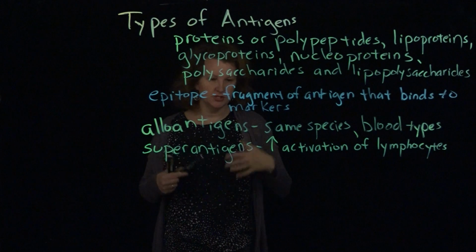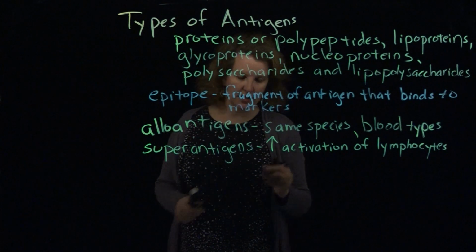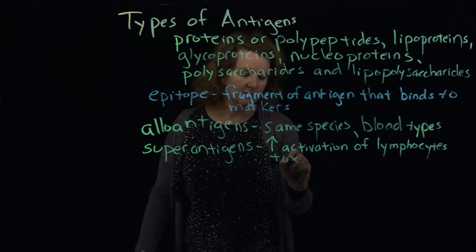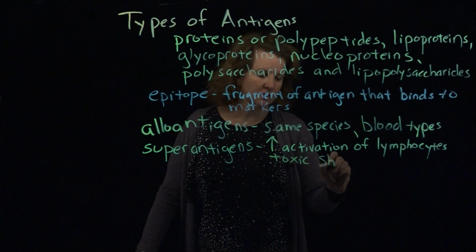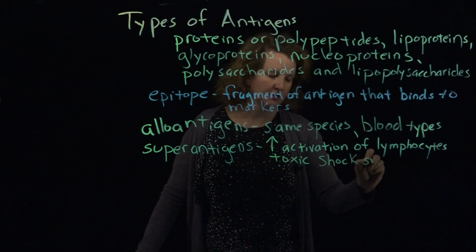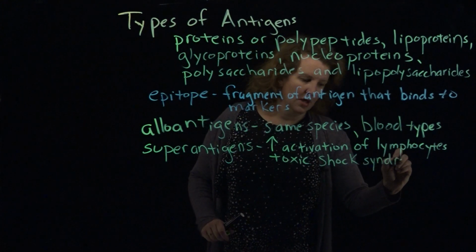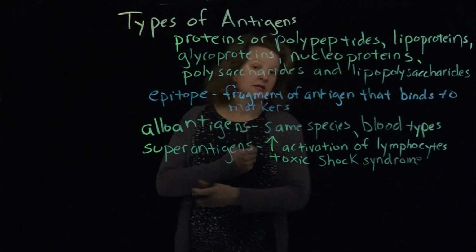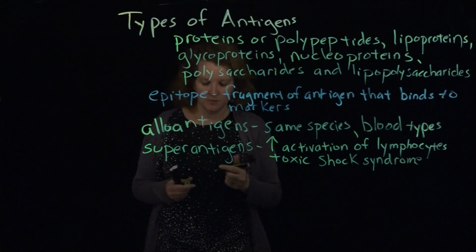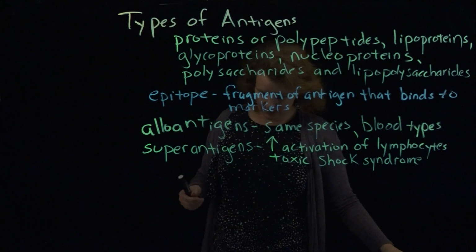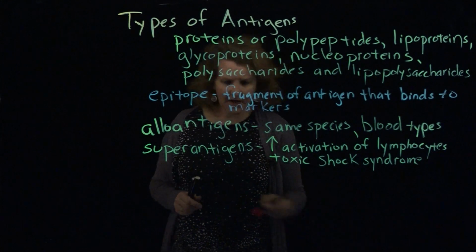So for some reason, they just cause a really strong reaction. One of the examples that's often used is toxic shock syndrome, but lots of others out there. And often it's mentioned as the T cells themselves being a key component that overreact to these antigens.